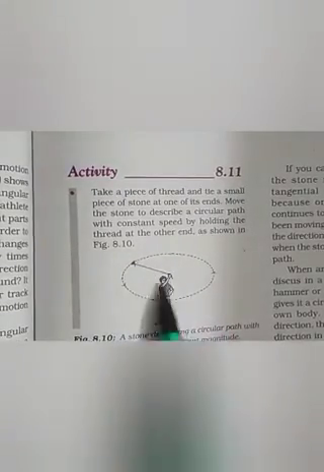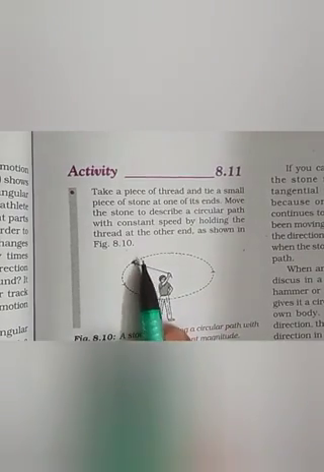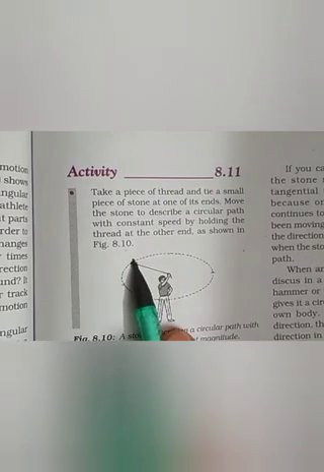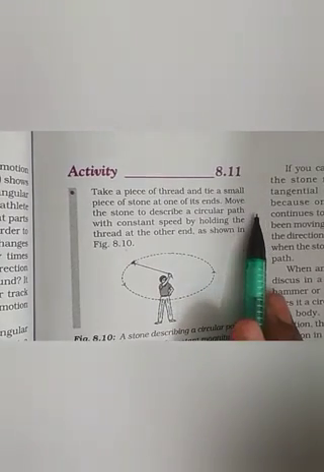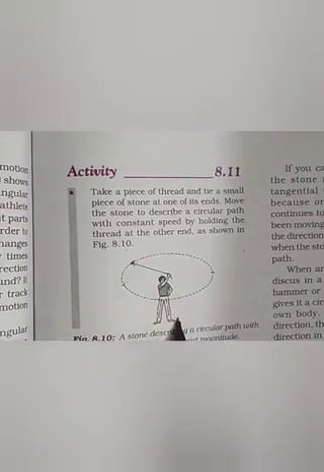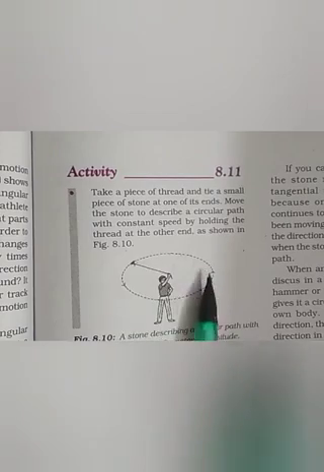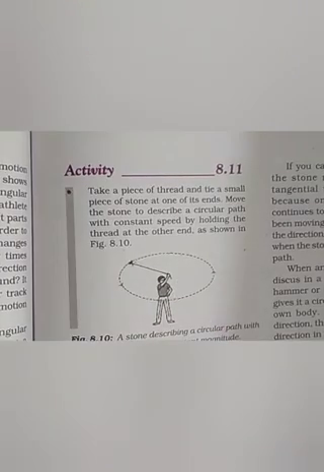After some time, you release the string, so this stone will go and fall down at some far off place. It will not fall just below the person who is revolving the string.